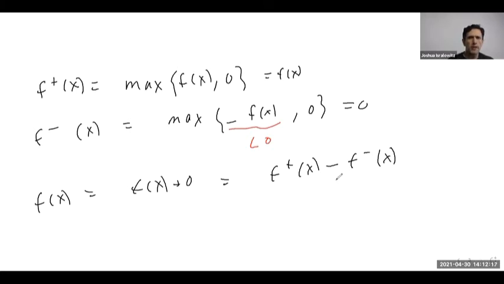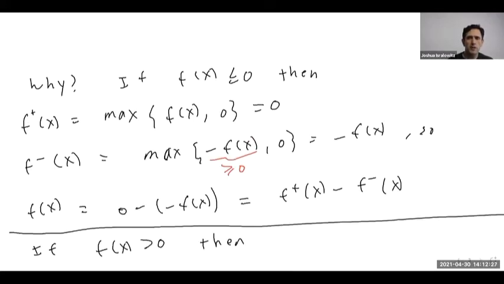In general, f plus is f of x when f of x is bigger than 0, and f minus is minus f of x when f of x is less than or equal to 0, and that's why we call them the positive and the negative part of f. Particularly for the negative part, we're just making it positive by saying it's minus f of x when f of x is negative.